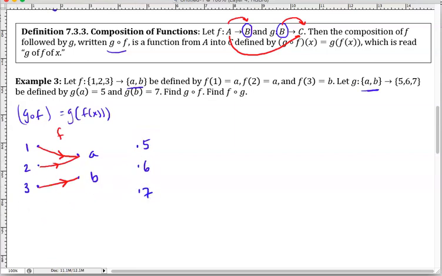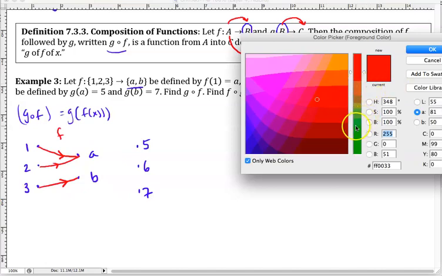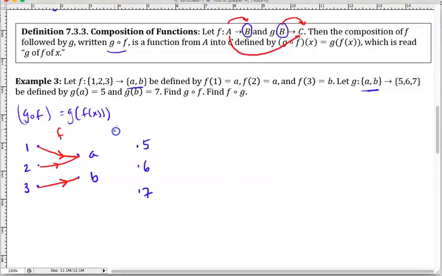Right, so let's apply the g function. So the g function says that a goes to 5 and b goes to 7. Okay, so when I compose it, g of f of x says that if I start with the input of 1 right here, then that's going to end up with the output of 5.